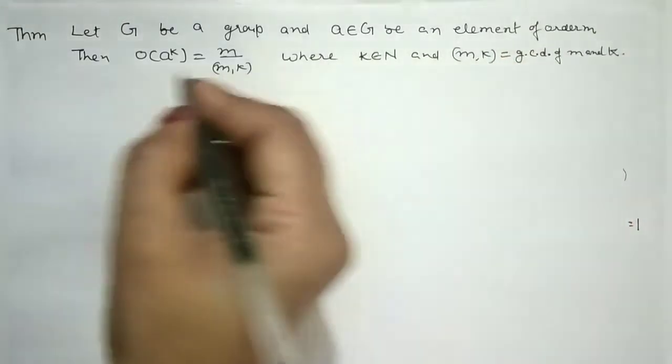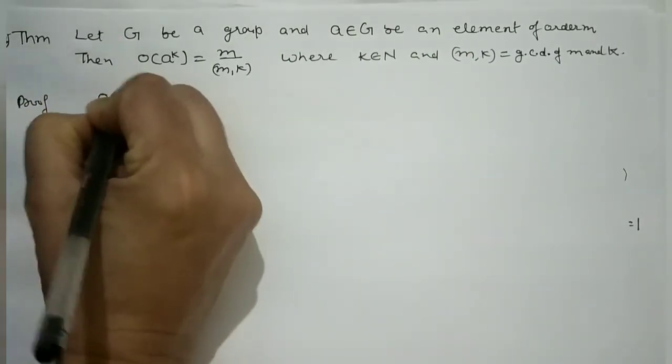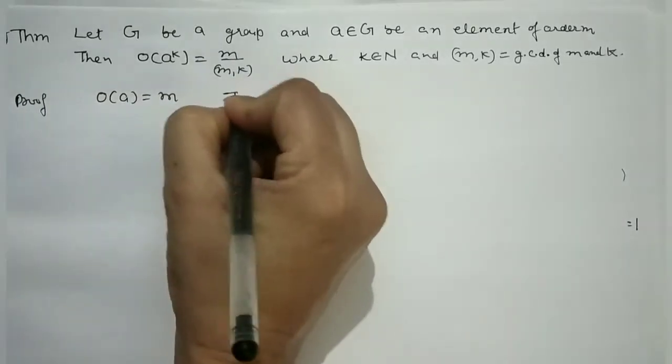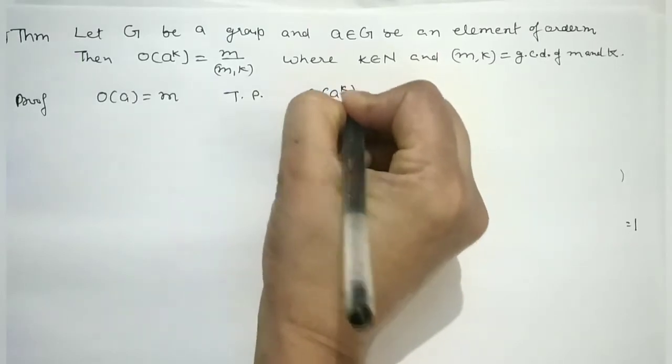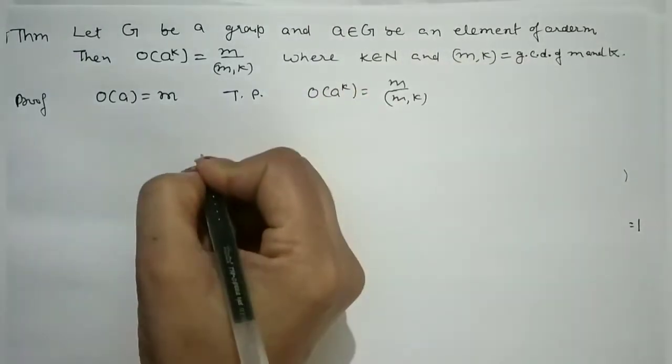To prove this result, what we are given is the order of a, which is m, and what we have to prove is that the order of a raised to power k is m upon GCD of m and k.